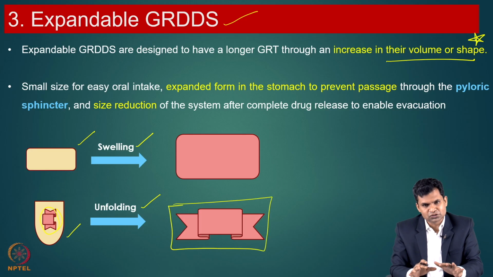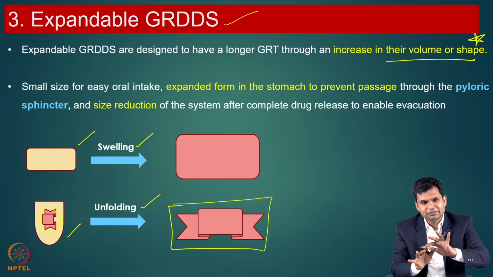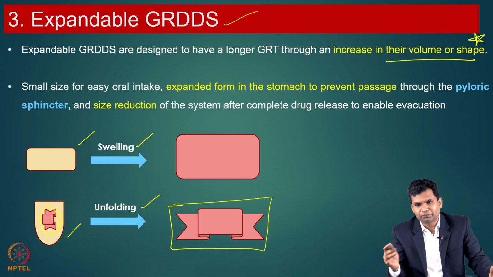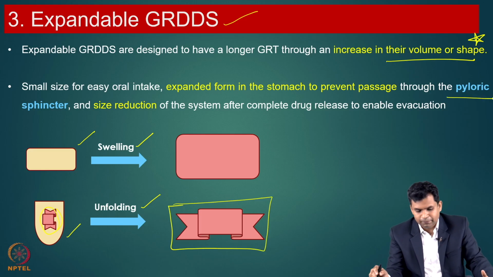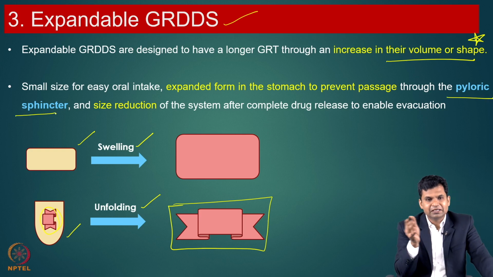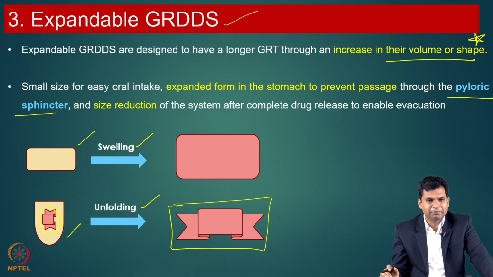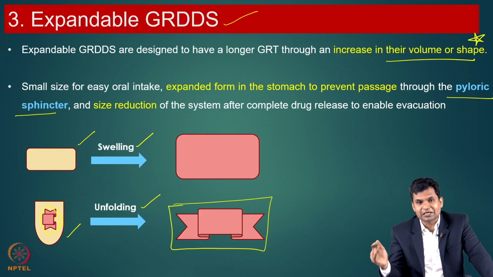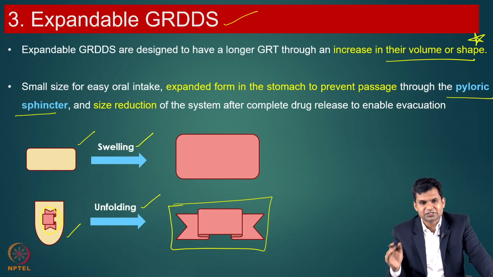With this we can also avoid the passage of the molecule through the pyloric sphincter, which is available at the end of the stomach. So, with these expandable systems we can avoid gastric emptying from the stomach.